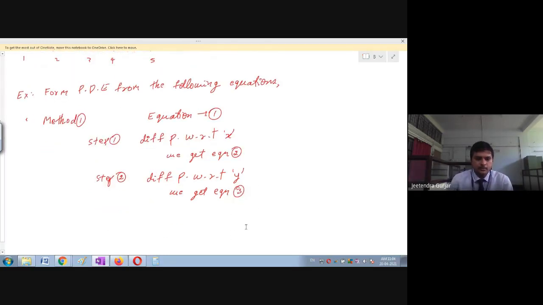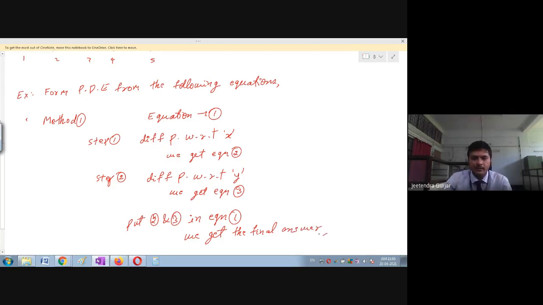To form the PDE, which is very, very important, we substitute equations 2 and 3 in equation 1. This is what we have done, and then we get the final answer.